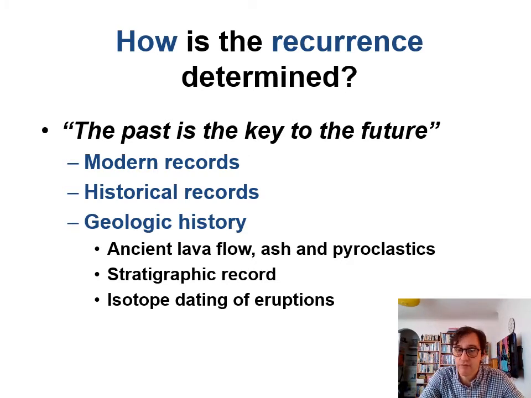Generally, you use some radiometric methods, so isotope dating of eruptions, using things like radiocarbon dating. So basically the amount of the radioactive isotope carbon-14 that's remaining gives you a clue of the ratio of unstable to stable isotope, which gives you a clue of how old.